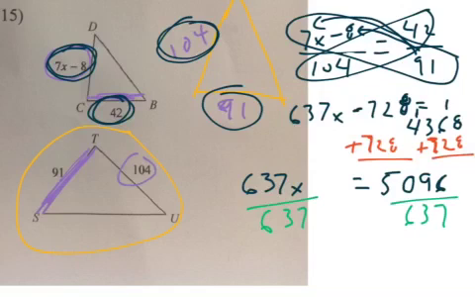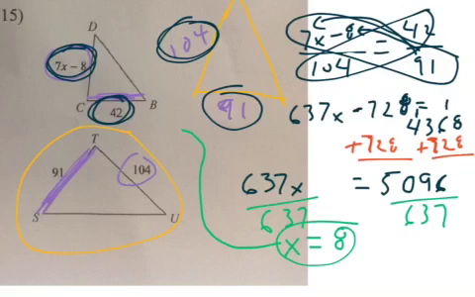And when I divide by 637, I notice that x will equal exactly 8. And again, normally we would plug that in there. And 7 times 8 is 56. So the missing side, ladies and gentlemen, is 48. So again, x is 8, and the missing side is 48.